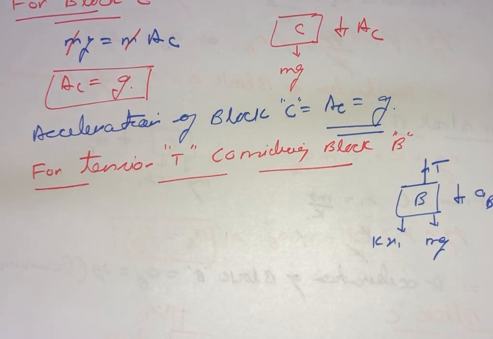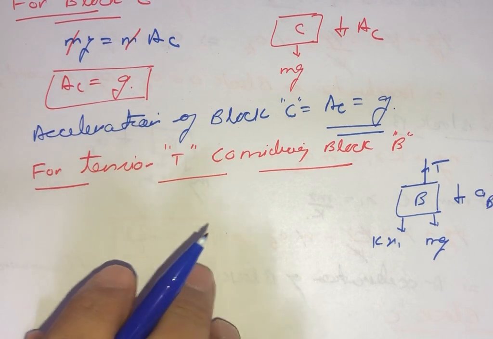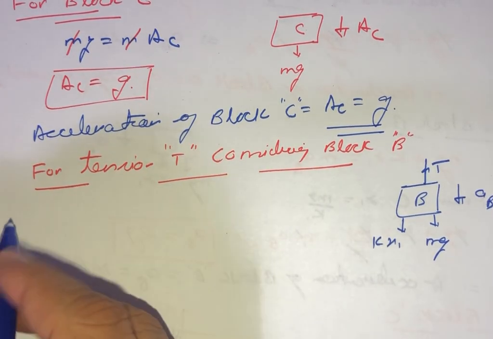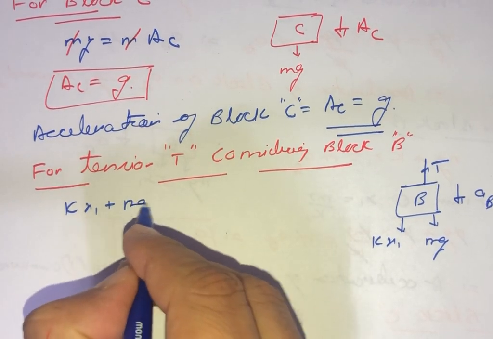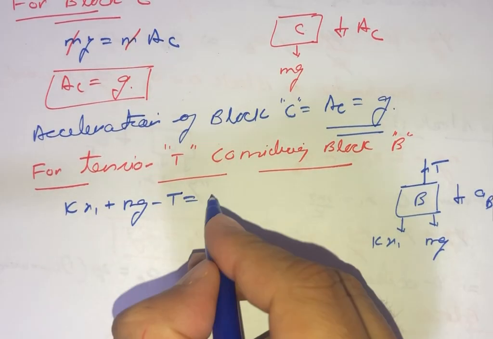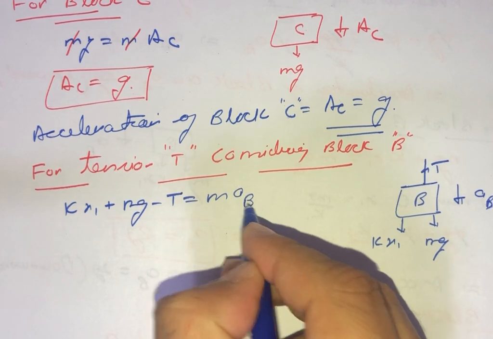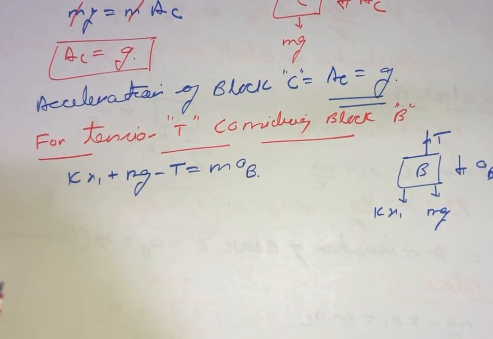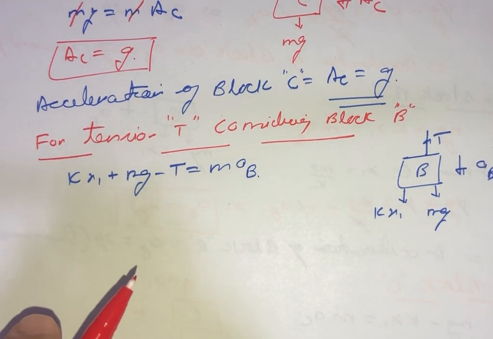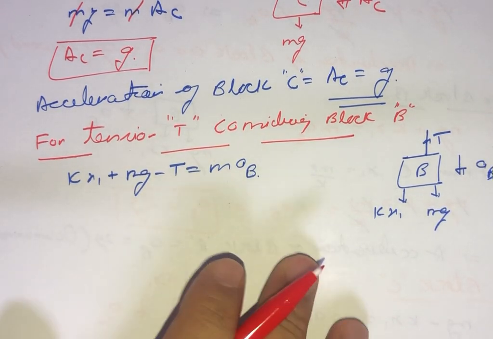So based on this we can write the equation: kx1 plus mg minus T is equal to m aB. We already know the value of x1, from equation 1.